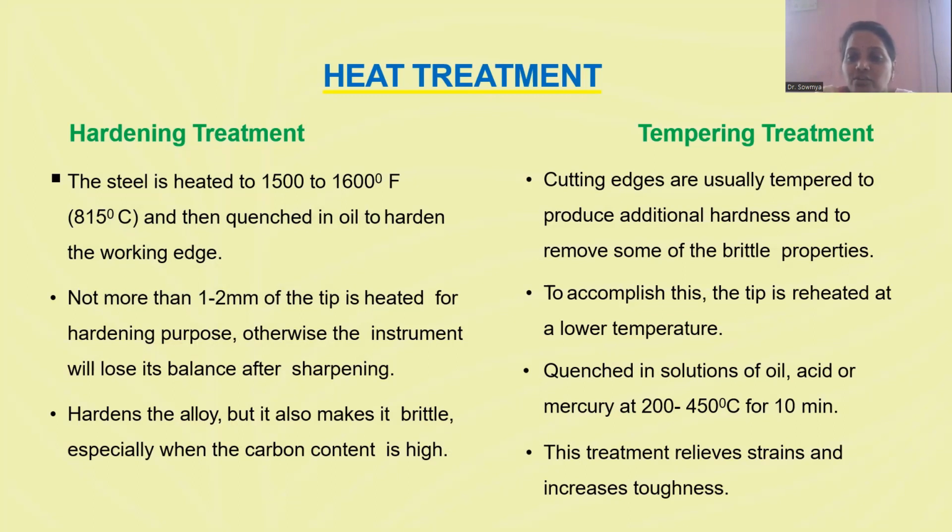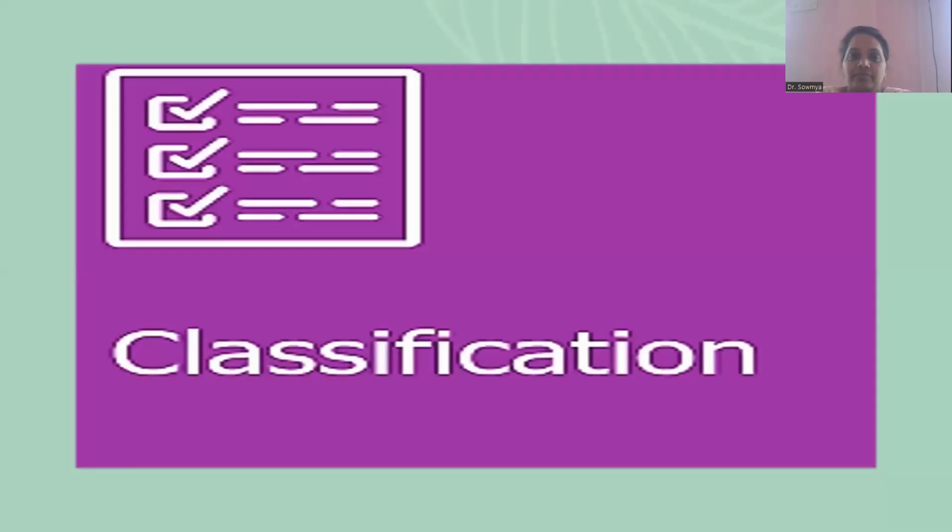They are quenched in solutions of oil, acid, or mercury at 200 to 450 degrees centigrade for 10 minutes. This treatment relieves strains and increases the toughness.